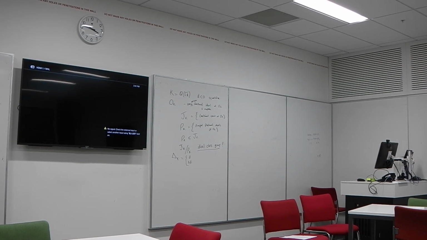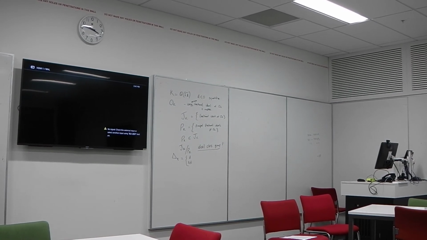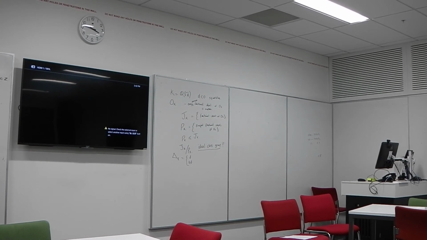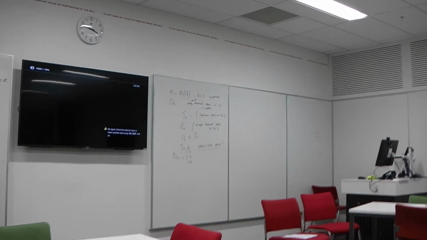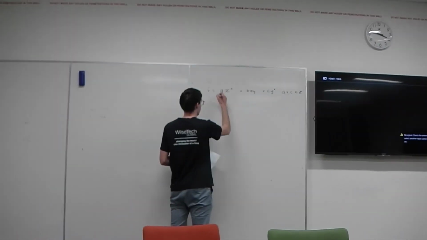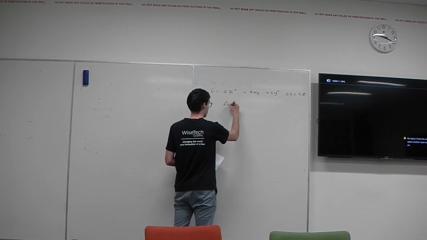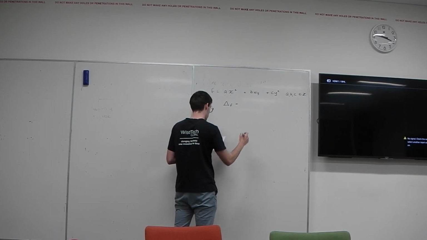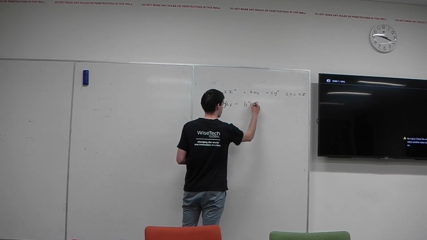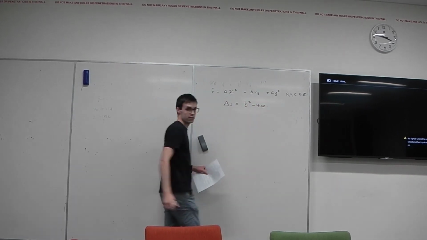And we're only going to care about integral binary forms, where A, B, C are integers. And we can define the discriminant of the form, so of course F. The discriminant of F is going to be equal to B squared minus 4AC. Okay?